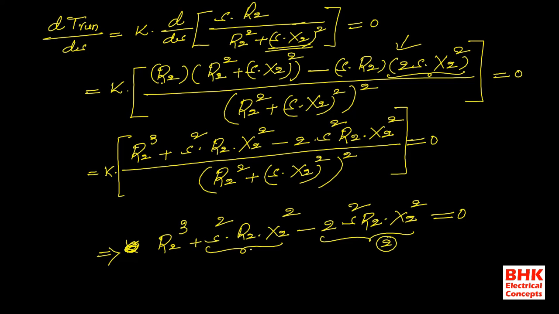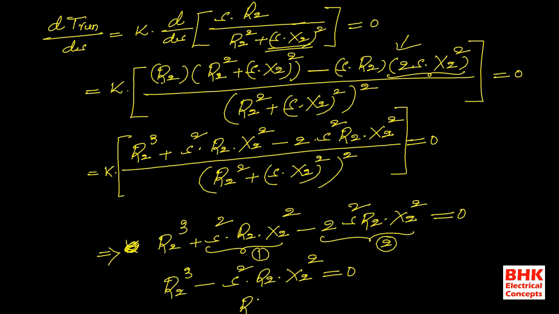This is 2 times, this is 1 time, so we can directly subtract, and you will get r2 power 3 minus s square into r2 into x2 square is equal to 0. Now take r2 common from both the terms, then you will get what?